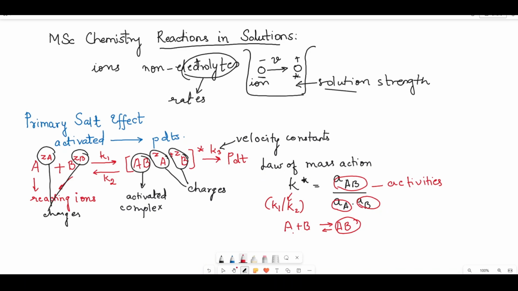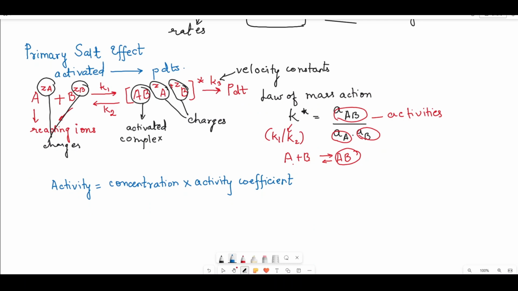But as we know, activity is concentration into activity coefficient. That is, a is equal to C into gamma.